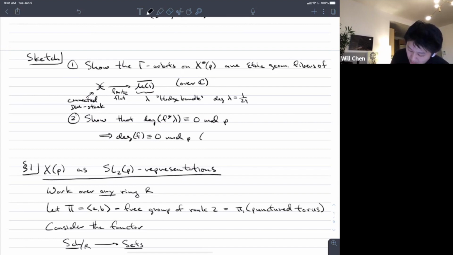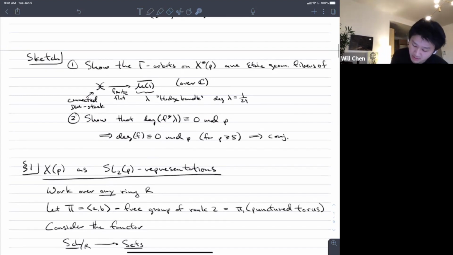So we'll always assume p is at least 5. Which implies the conjecture, because remember that the degree of f is precisely the size of an étale geometric fiber, which is also in bijection with some gamma orbit on X*_p.